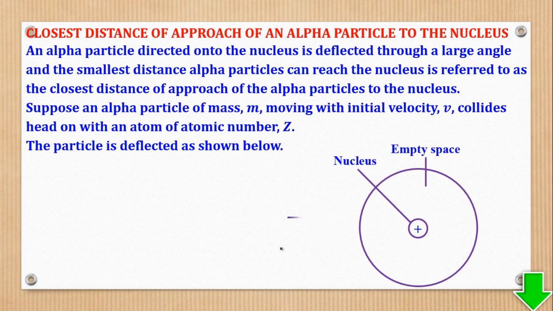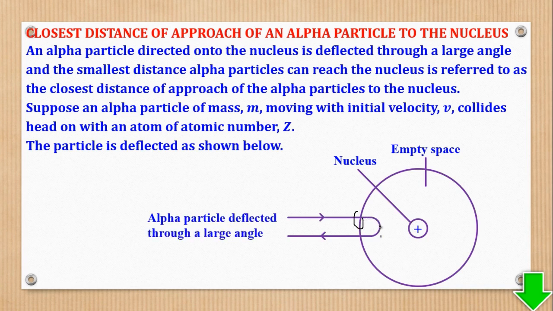The alpha particle will come and collide with this atom, but cannot reach this nucleus, so it will be repelled along the way back in the path it came from. The distance between the nucleus and the point where the alpha particle turned is what we call the closest distance of approach, and that's what we have denoted as r0. Basically this is what we are looking for in this part.